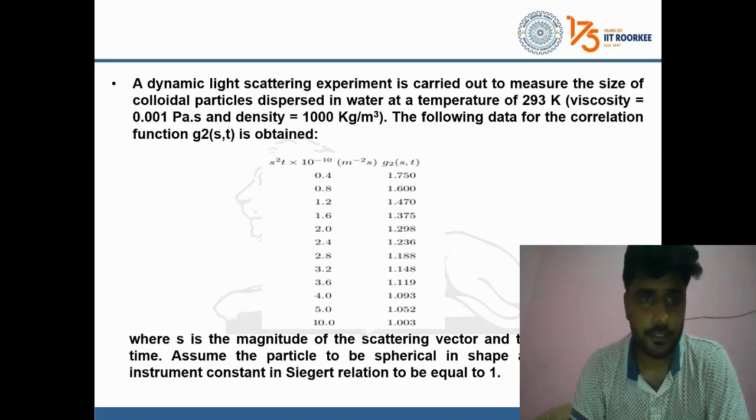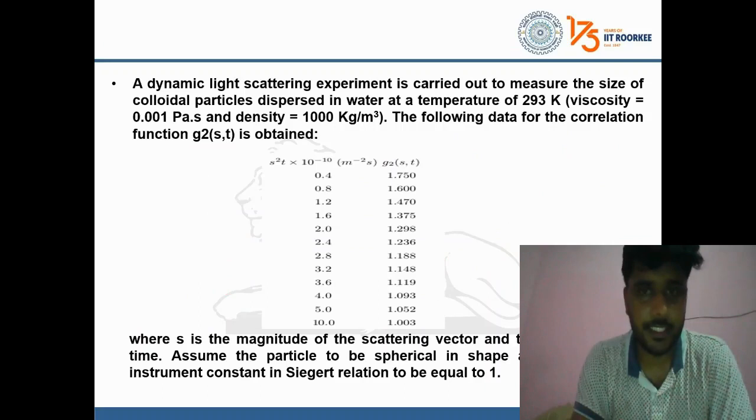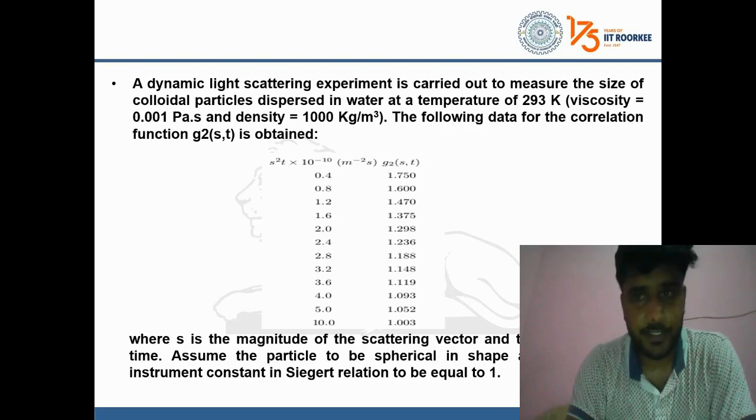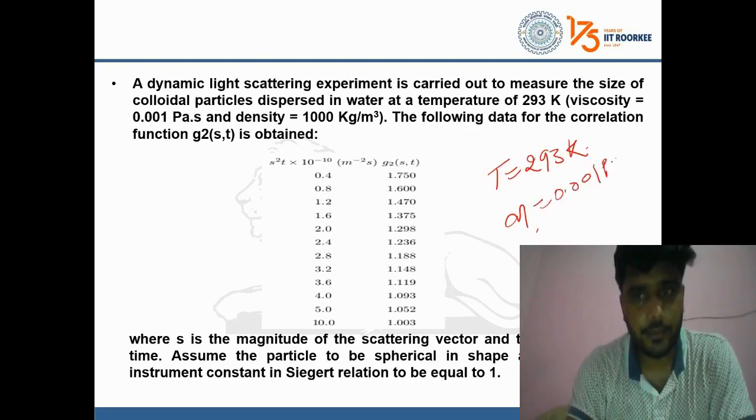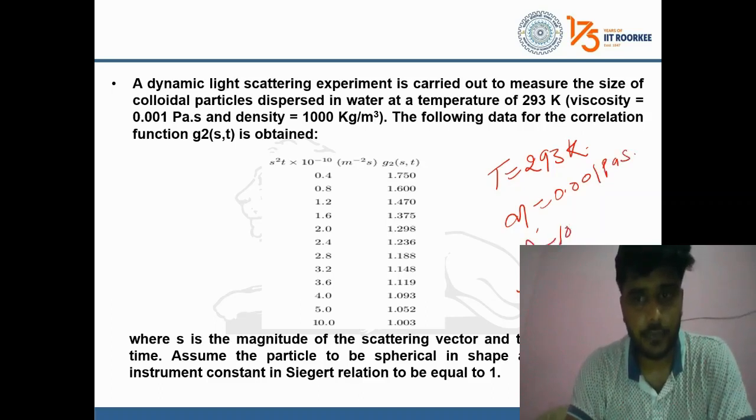Another question I have taken is from the DLS experiments. The dynamic light scattering experiment is carried out to measure the size of colloidal particles dispersed in water at a temperature T equal to 293 Kelvin, the viscosity is given here as 0.001 Pascal second, and the density is 1000 kg per meter cube.